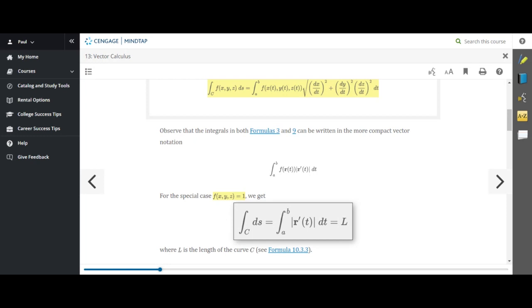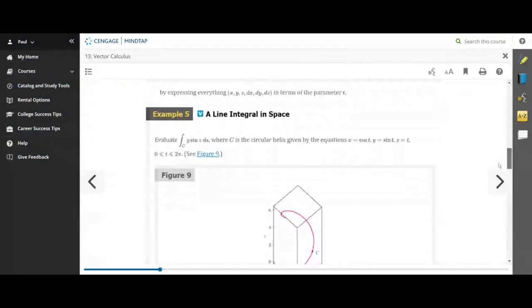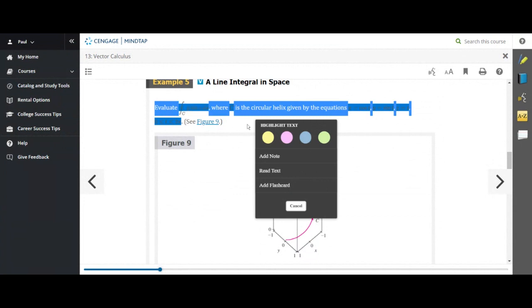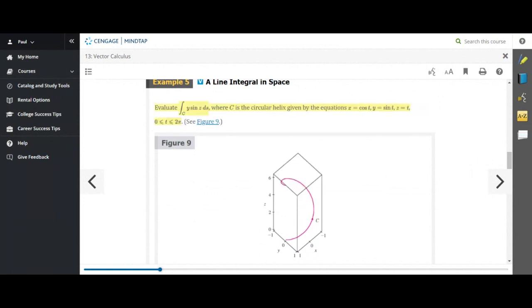If we look at example 5 here, they want you to evaluate this line integral with respect to arc length, where the space curve C is the circular helix given by those three parametric equations: x equals cosine of t, y equals sine of t, and z equals t.